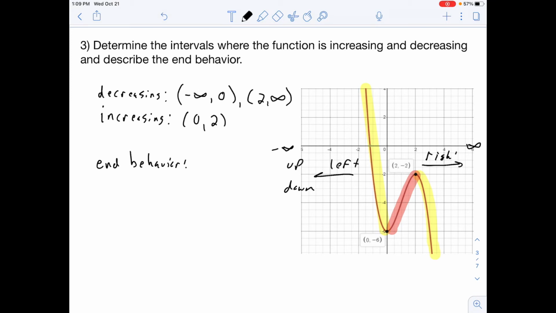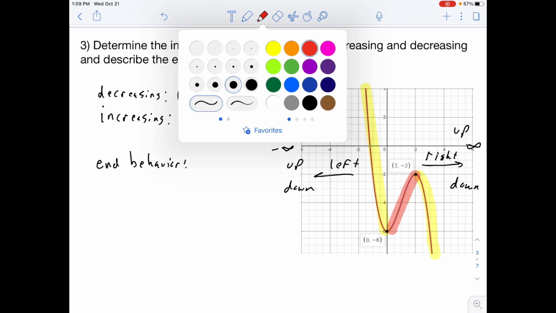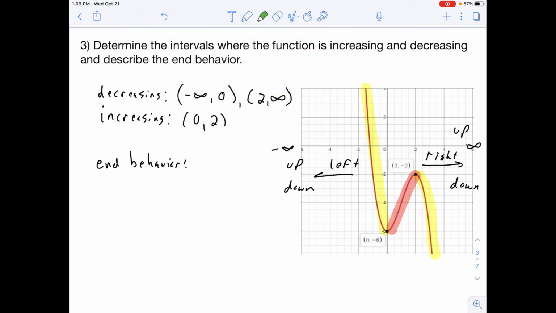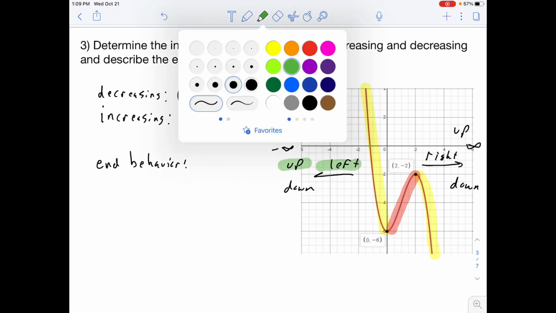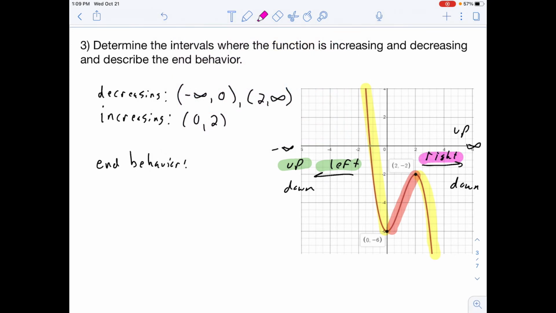As we go to the right, are we going up or are we going down? So it's pretty clear that as we go to the left, the function is going up. And then as we go to the right, the function is going down. You can just follow the arrows there, you can see that.